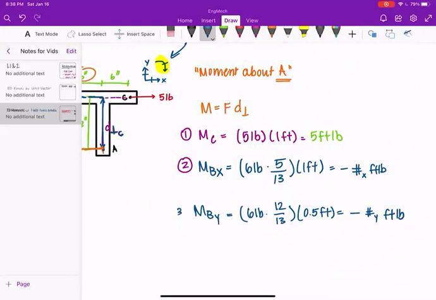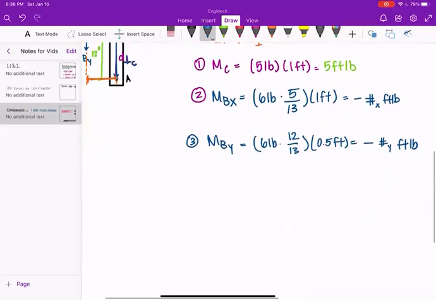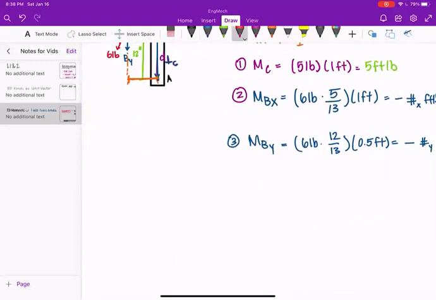So now if I'm going to find the overall moment generated at point A, I have to add all these together. So the total moment about A, calling clockwise positive, is the sum of all the other moments.